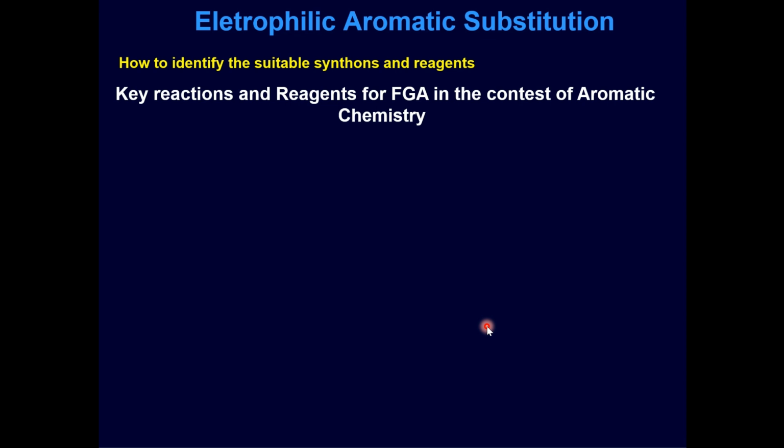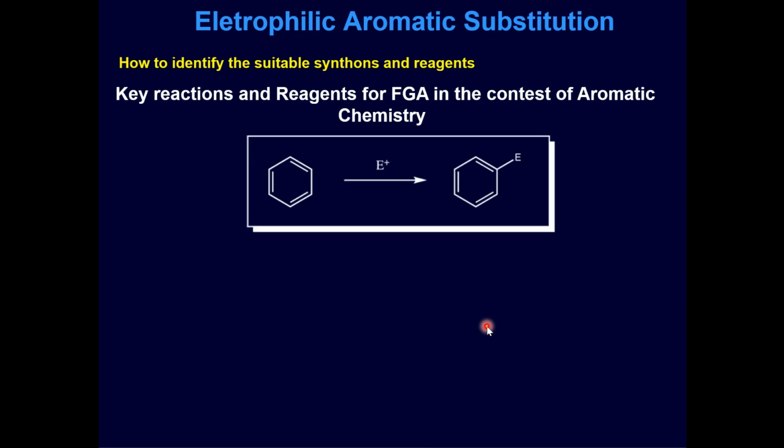For example, if I take to add various functional groups in the aromatic compounds, I take an aromatic compound. The simplest example is benzene ring. I treat with an electrophile. We know that benzene is electron rich and that's why it can undergo electrophilic substitution reaction.